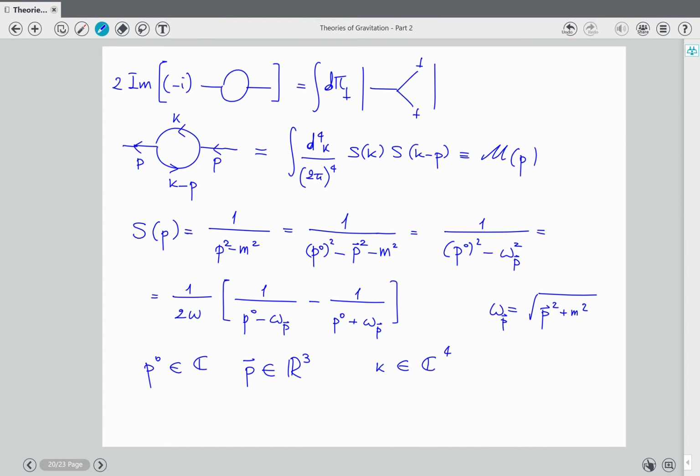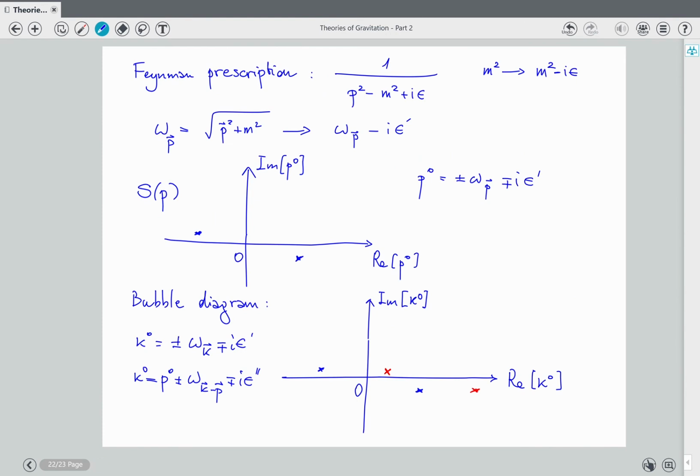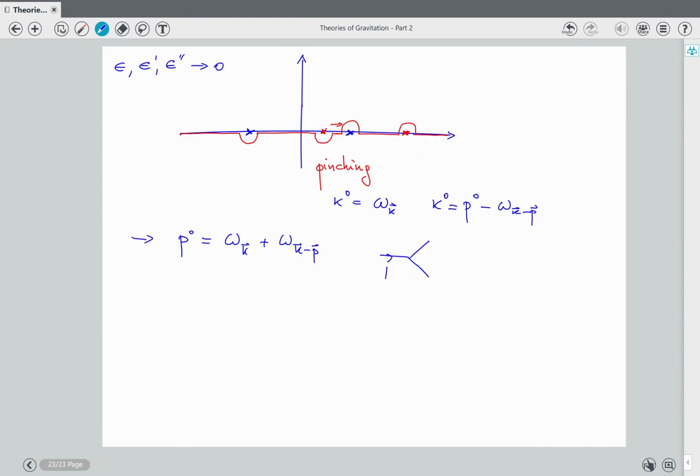P goes into K and K minus P. So when that physical process occurs, you have a singularity. And that's where the integral tells you about this possibility of something virtual becoming real, which is what matters in the unitarity equation.